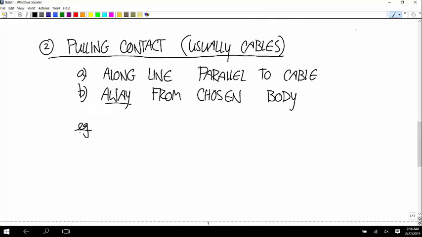And as an example, let's say we have an object here connected to a cable, and then another cable connecting bodies A and B, and then a 300 Newton force.